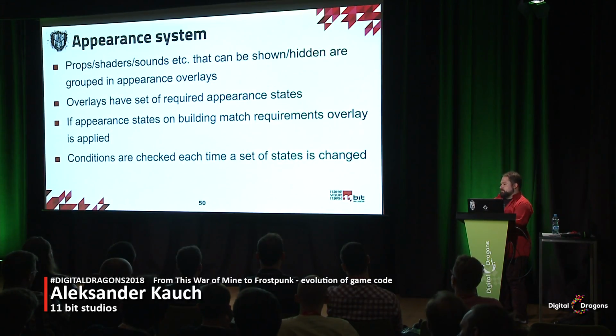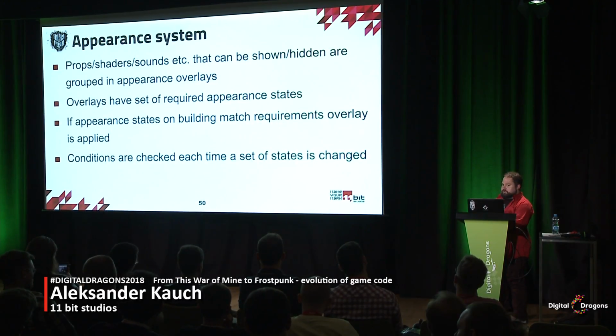Depending on the set of these appearance states, props, sounds, and shaders could be hidden or shown. And when a state is added or removed, the whole thing is evaluated once more, and again the props and effects are shown or hidden.